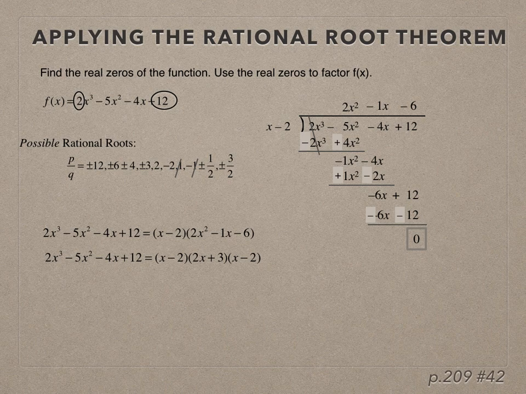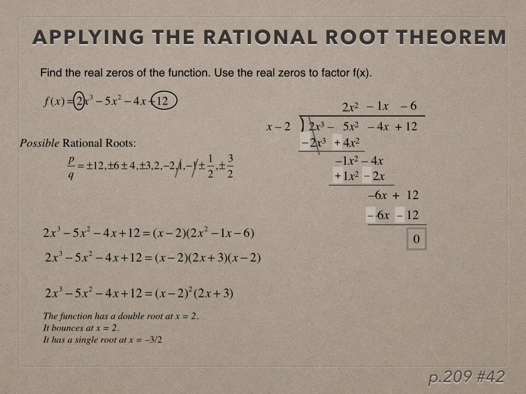And I'm noticing now that I have a factor that I can write to the second power. This tells me that the function f of x has a double root at x equals 2. So it bounces there. And it has a single root at x equals negative 3/2. Therefore, it crosses through the point (negative 3/2, 0).